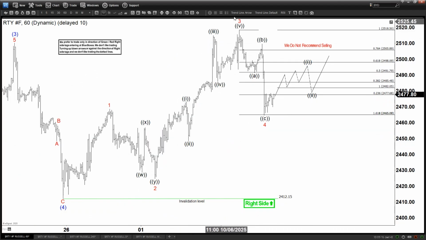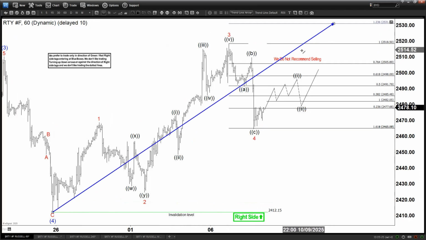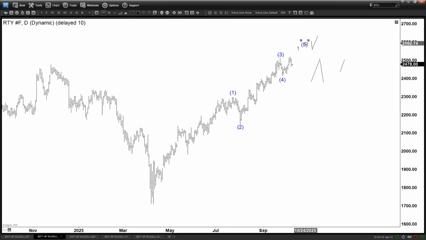And then after you got a 5 waves up, you should be getting yet another 3 waves, either to correct only this and rally again, or it's going to be correcting this like this before higher.